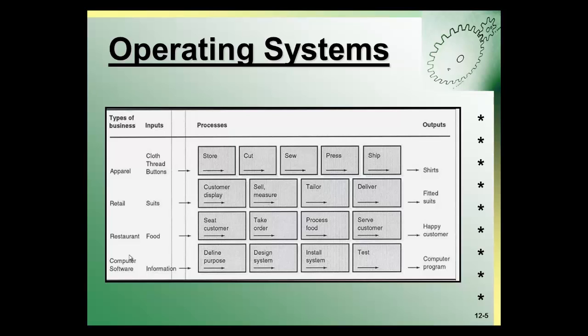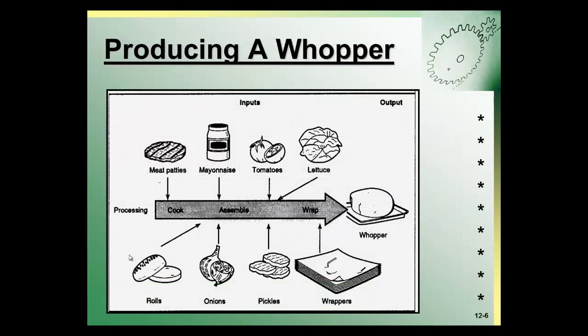That process requires that they define the purpose of the program, design the system, install it, and test it. And this slide illustrates a very good set of examples of how inputs, processes, and outputs are all interrelated. In some companies, operations are called production.